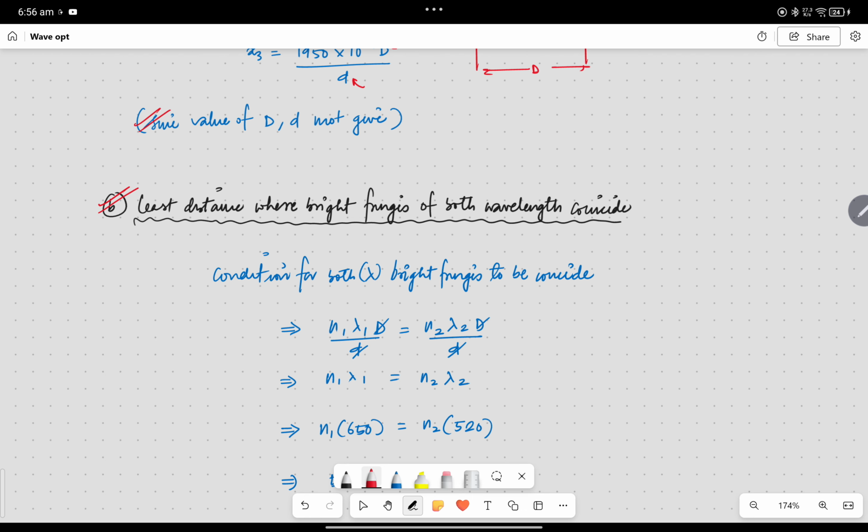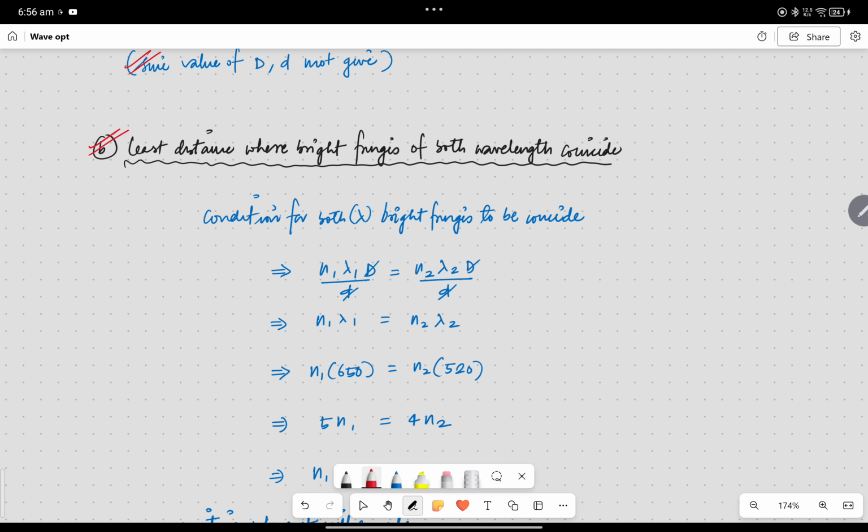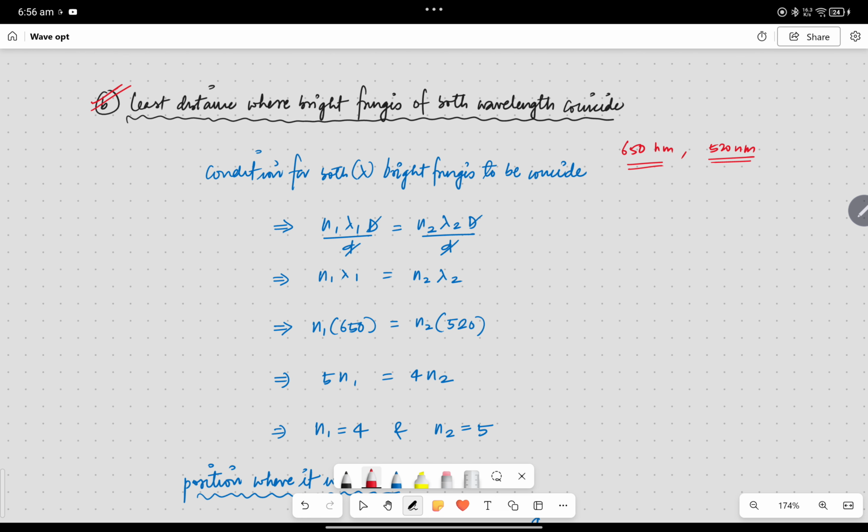Now part B, the least distance where the bright fringes of both wavelengths coincide. So we take the lambda of 650 nanometer in one case, and in the second case the lambda of 520 nanometer. We have to talk about the place where the bright fringes in both cases coincide, right?